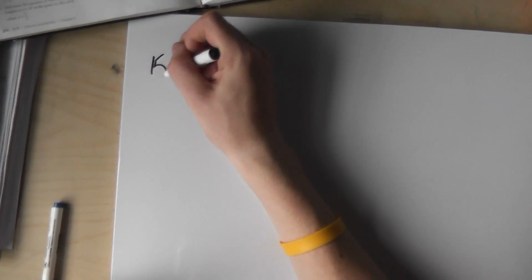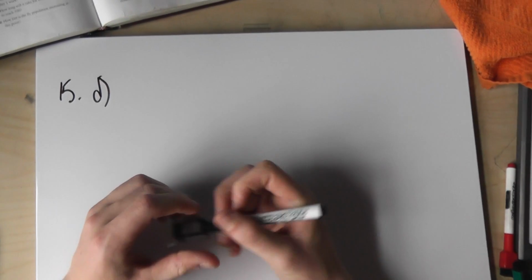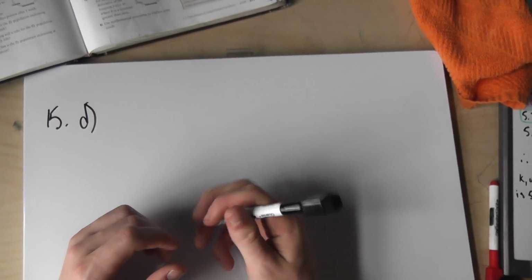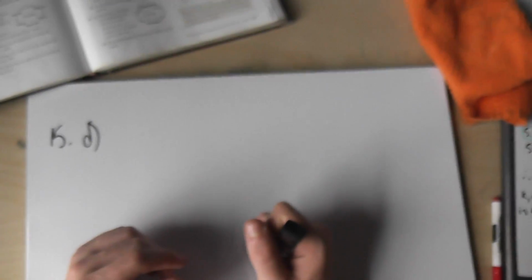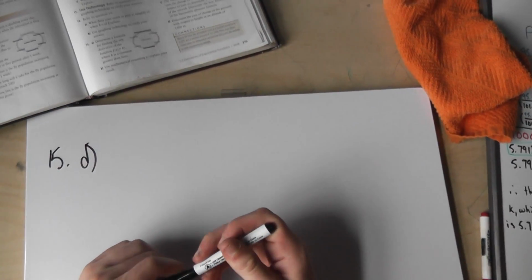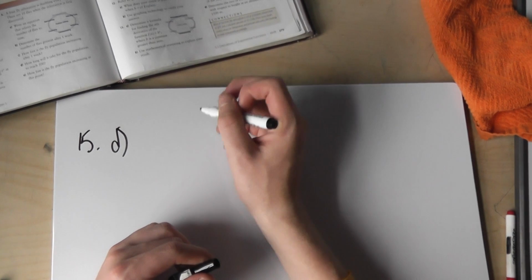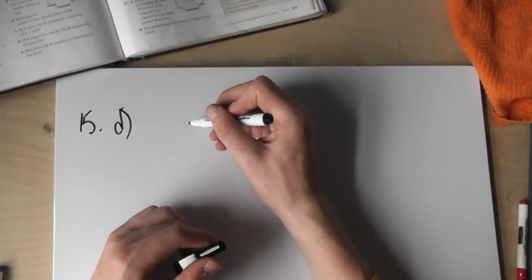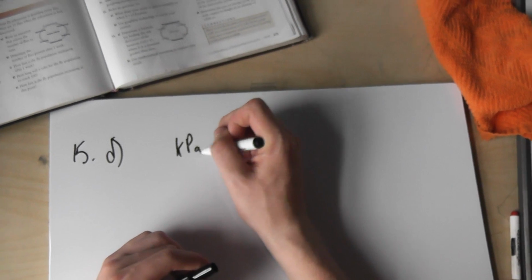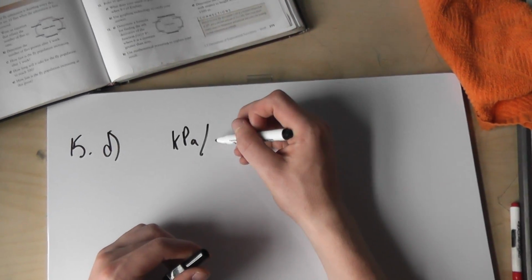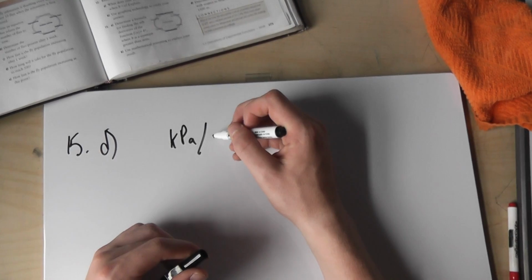Now, question 15D is going to be asking us to use this derivative, the rate of change, to determine the rate of change of the pressure with respect to height at an altitude of 1,500 meters. So right off the bat, we're given the units in which we're finding it. It's going to be kilopascals, pressure, with respect to altitude, which is meters.